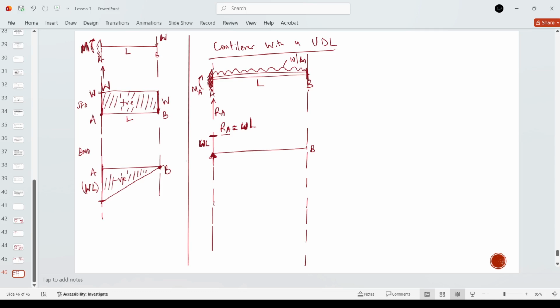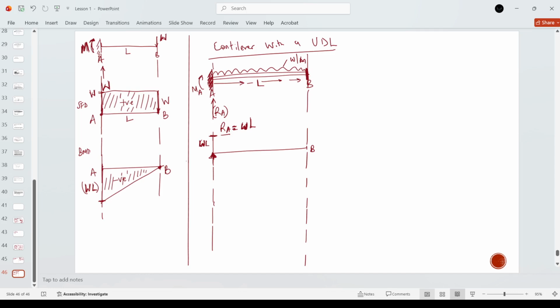Okay, and then as we move towards the free end, we have less load, because all the loads are being borne at the support. So we are not expecting to have loads that are being borne here. Okay, so what will happen?